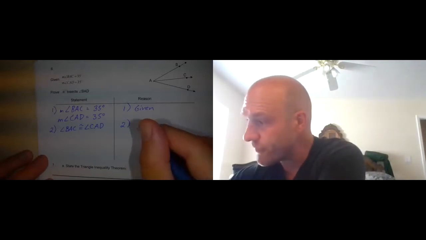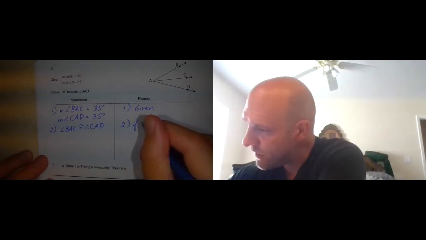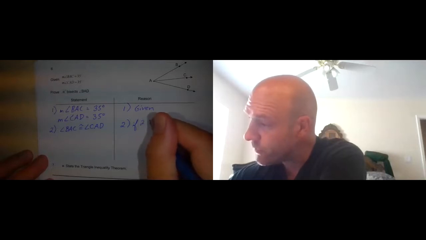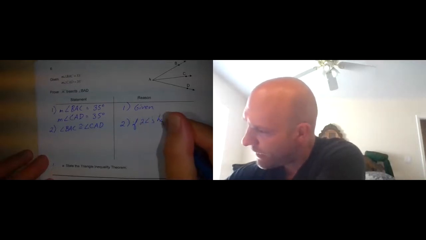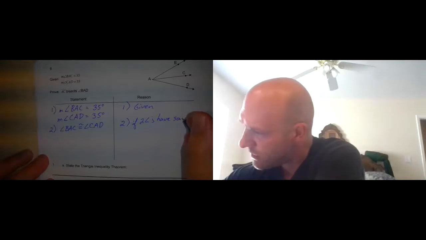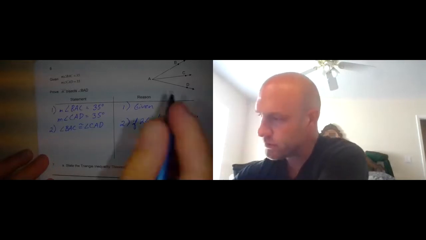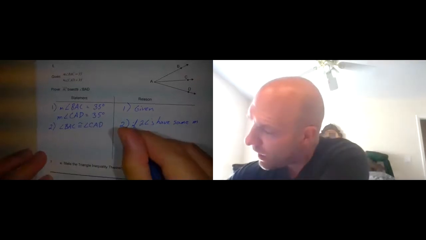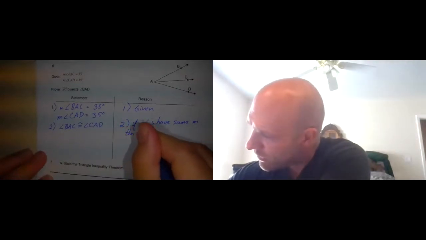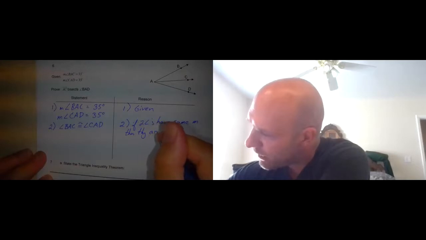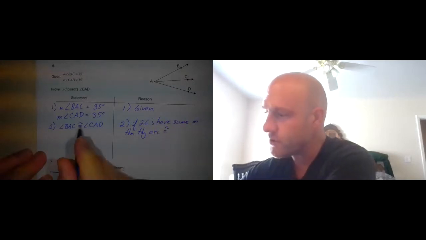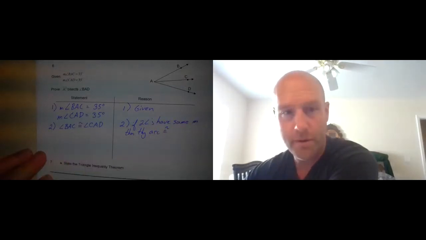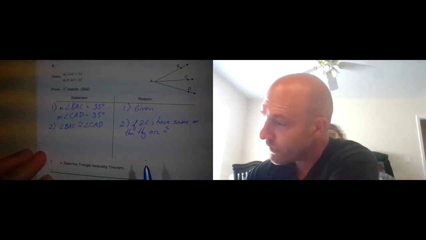The definition of congruency says if two angles have the same measure, and that's something that I already know, it belongs in my if part, then they are congruent. That's what I'm trying to show in the step. It belongs in my then part.